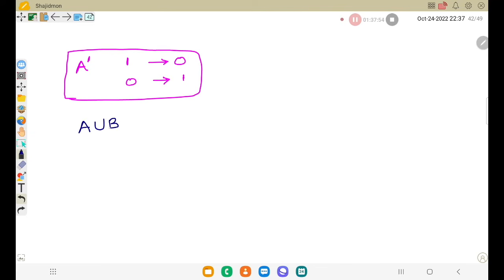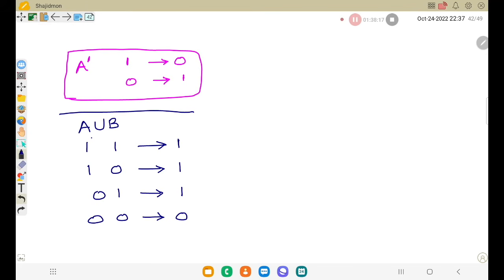A union B, how will it come? So A union B means 1 or 1 is 1. 1 or 0 means 1. 0 or 1 means 1. 0 or 0 means 0. This is the union operation.